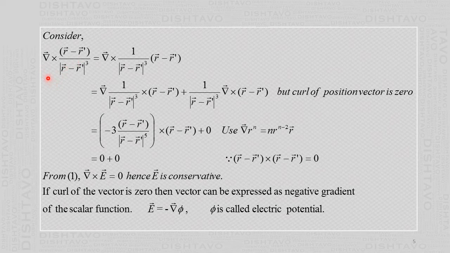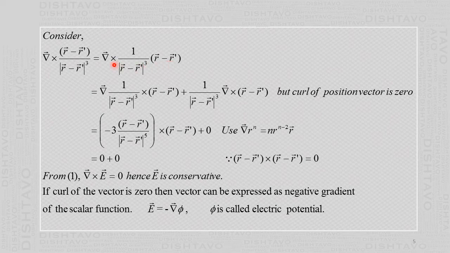So you can take it inside the integral, and it will be crossed over this term. Now we can split this numerator by denominator as 1 by denominator into the numerator. So we have written the del cross as it is, then 1 by modulus of r minus r dash cube into the numerator vector r minus vector r dash.